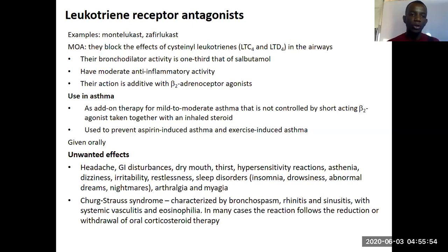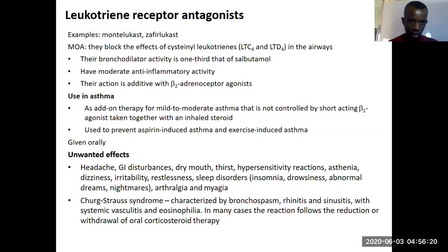Their bronchodilator activity is one third that of salbutamol, and they have a moderate anti-inflammatory activity, and their action is additive with beta adrenoreceptor agonists. So they have bronchodilator activity and also a component of anti-inflammatory activity.